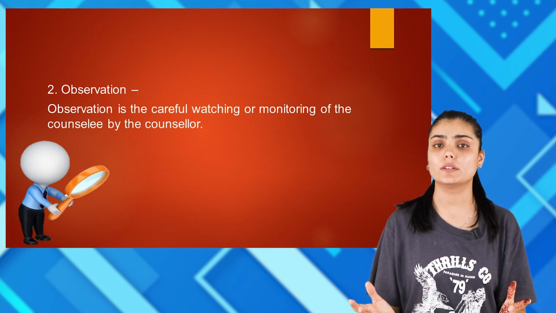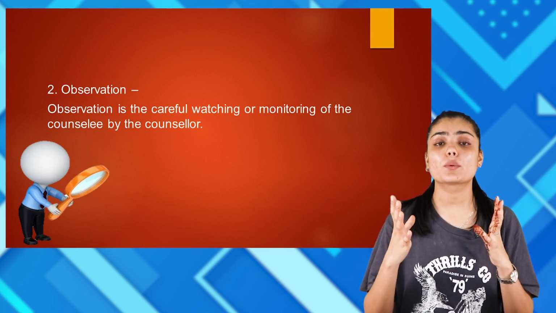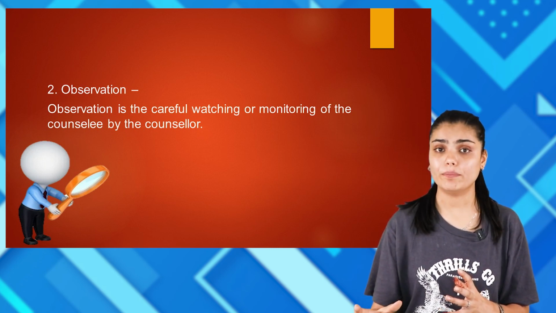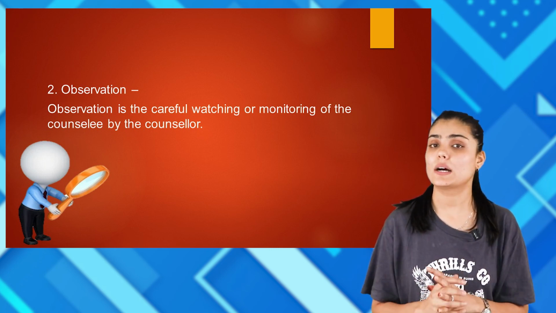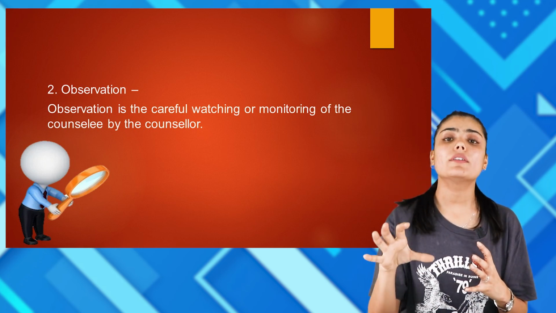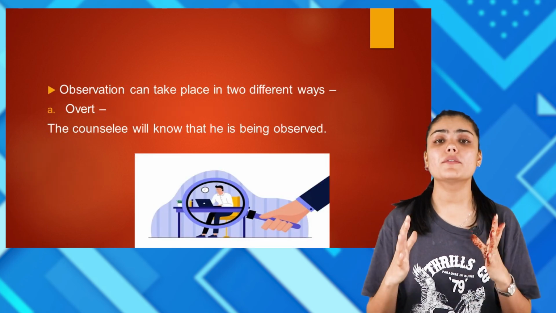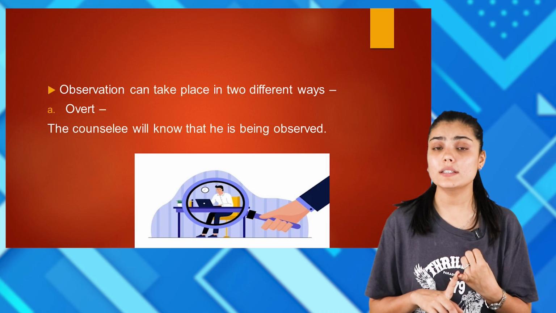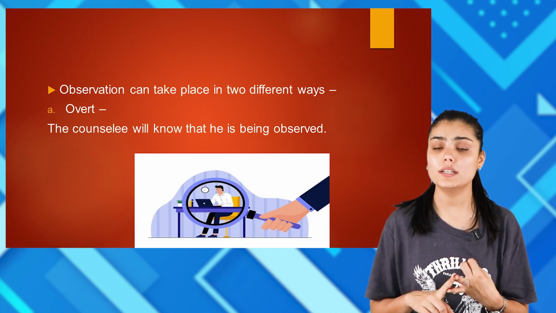What is observation? Observation is a process where the counselor watches over the counselee and monitors the counselee. Observation includes watching carefully, observing the counselee. Observation can be of two different types. The first one is called overt and the second one is called covert.